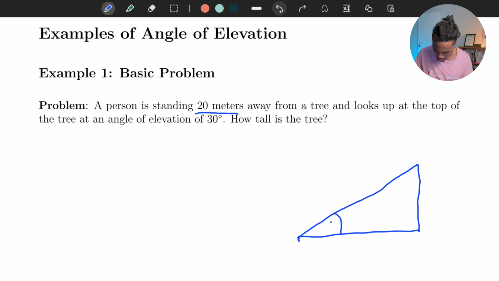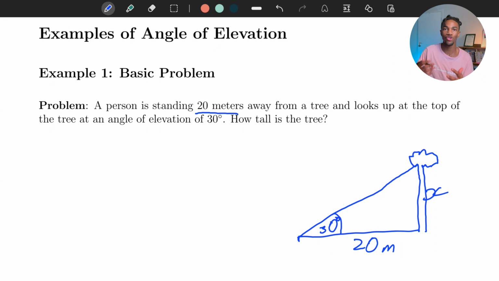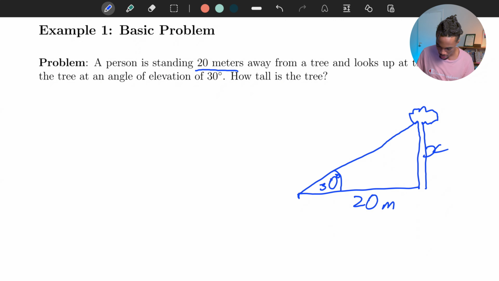How tall is the tree, standing 20 meters away from it? We need to find x. This is what I mean when I say draw a diagram. You just need to find the unknown side, same thing as we were doing in the last lesson.